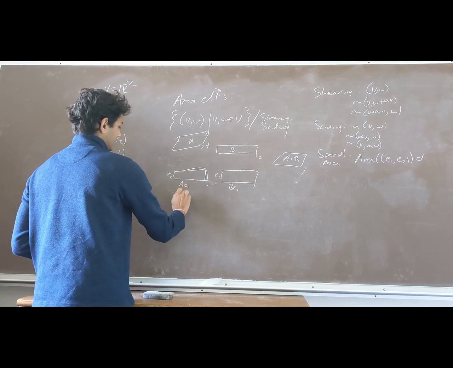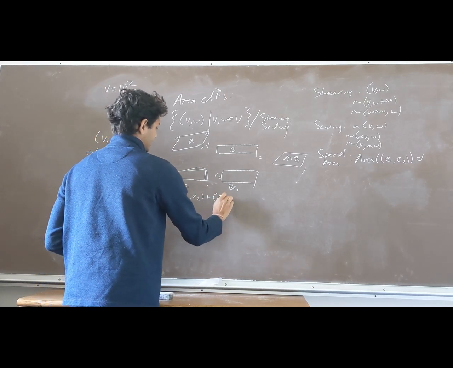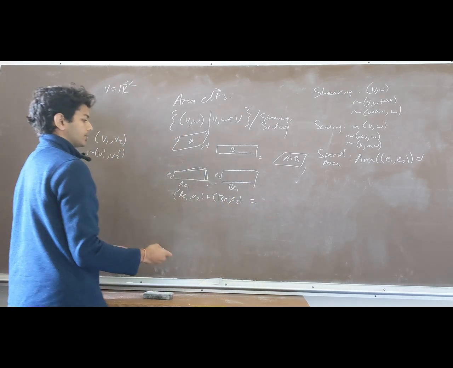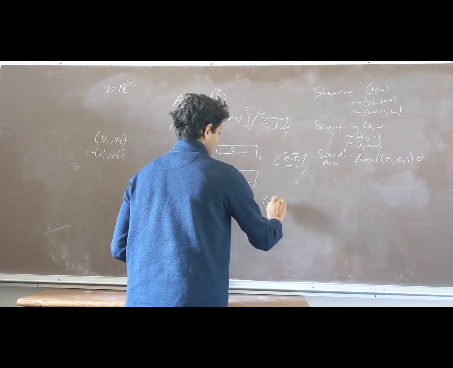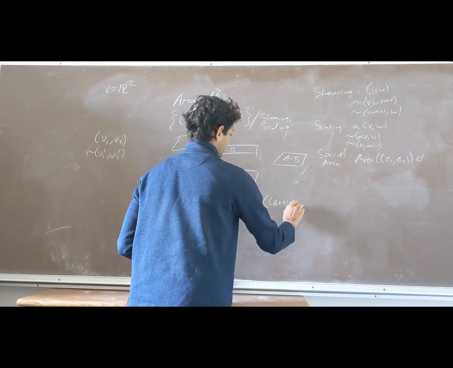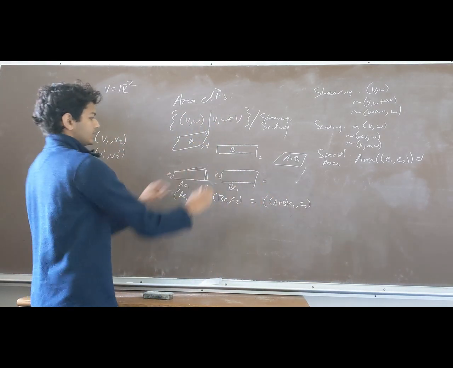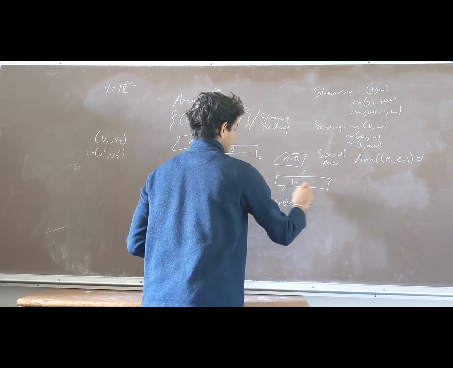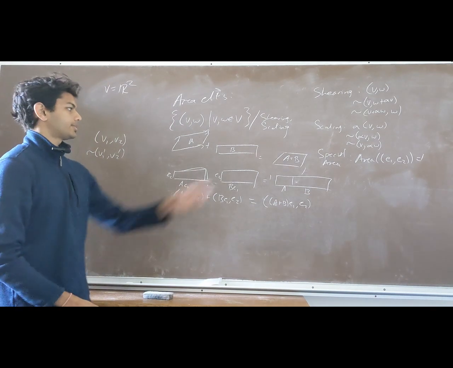So this will be represented by the pairs A E1 comma E2 plus B E1 comma E2. And there's a natural way to add these, which is just add the first two components. And so this will be A plus B E1 and E2. Geometrically, this is just sticking these next to each other, so it'll be a long rectangle with A and B over here and a height of 1. And that obviously has an area of A plus B like we wanted.